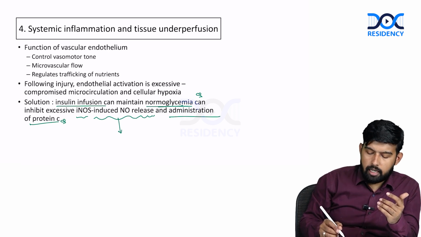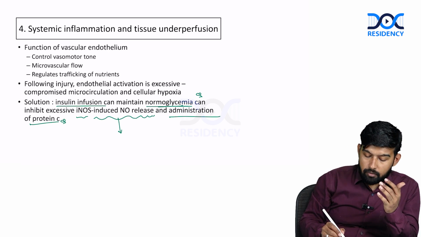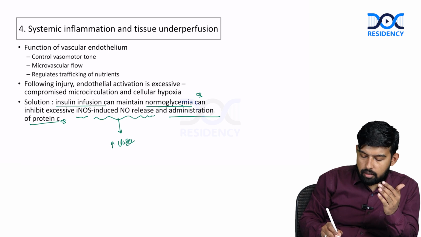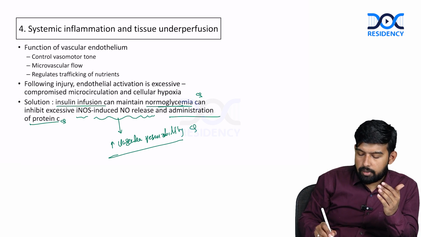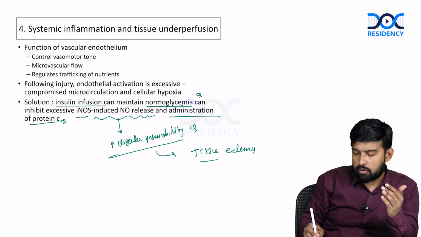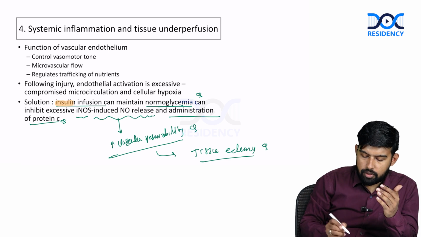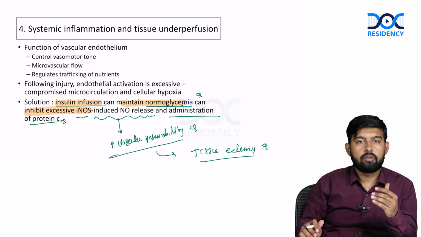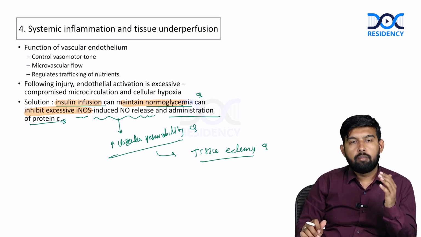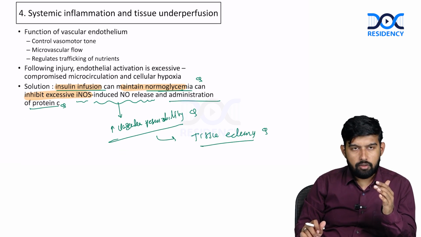Because induced nitric oxide causes an increase in the vascular permeability. Increased vascular permeability leads to tissue edema. So this can be avoided by providing proper insulin infusion to maintain normoglycemia, and excessive iNOS release can be inhibited by the proper administration of insulin.